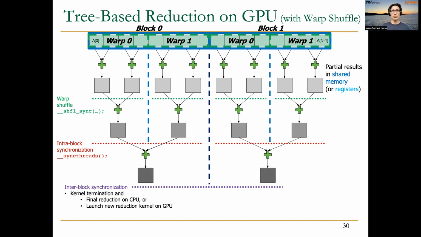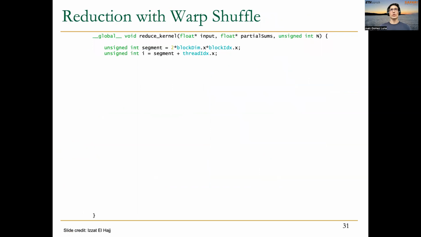And finally, remember, inter-block synchronization: either a final reduction on the CPU, a new kernel launch, or atomic operations in global memory. So now let's take a look at the code using reduction with warp shuffle.